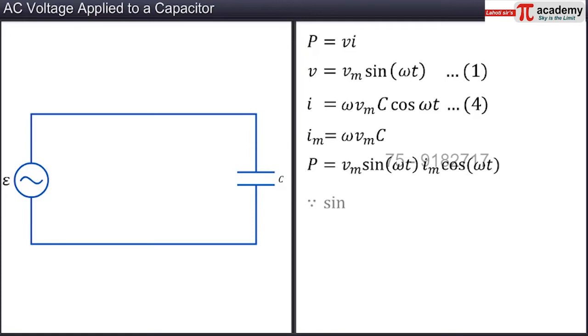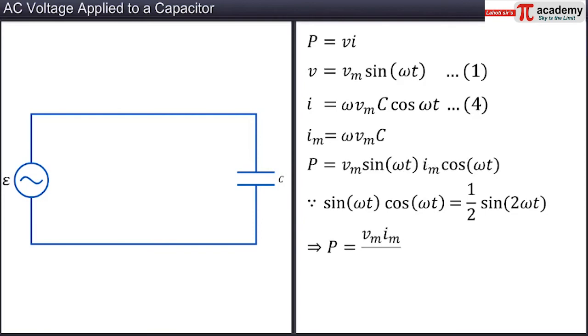Since sine omega t into cos omega t is equal to 1 by 2 sine 2 omega t, we get P is equal to Vm Im by 2 into sine 2 omega t. Let this be equation 9. This instantaneous power here evaluates as a time-dependent harmonic function.